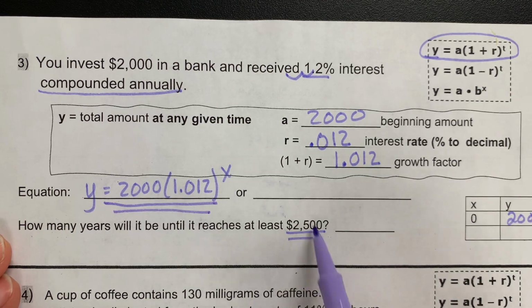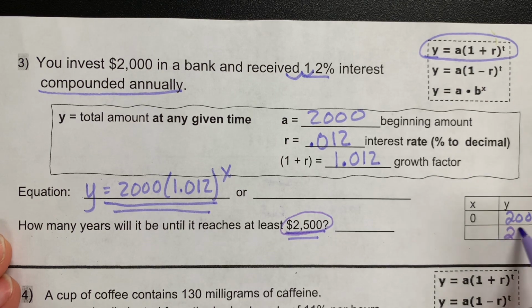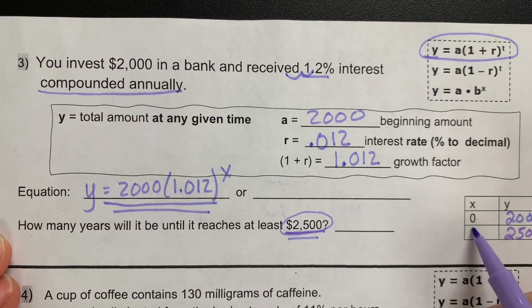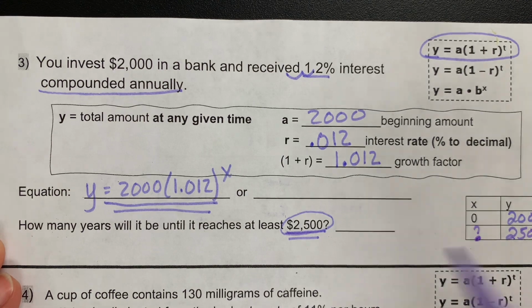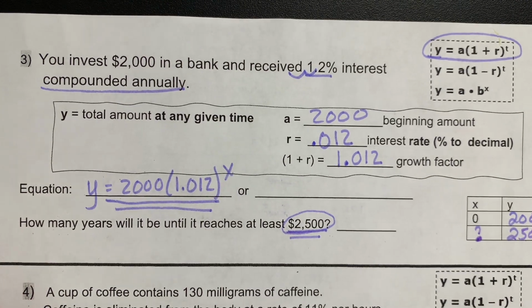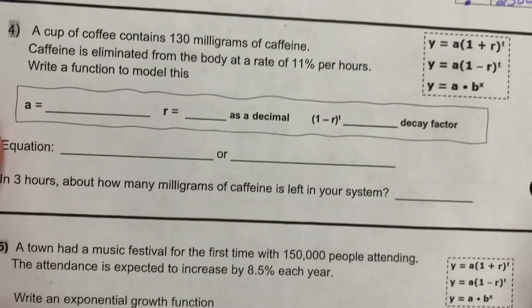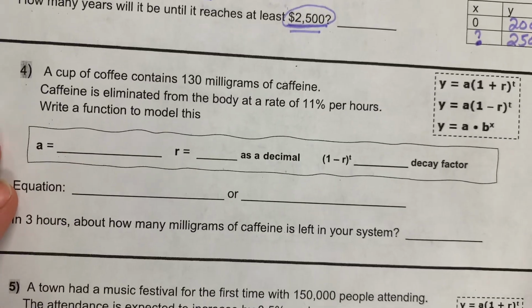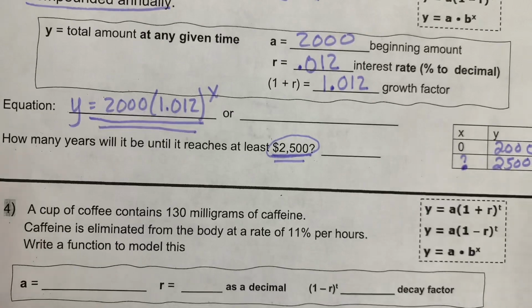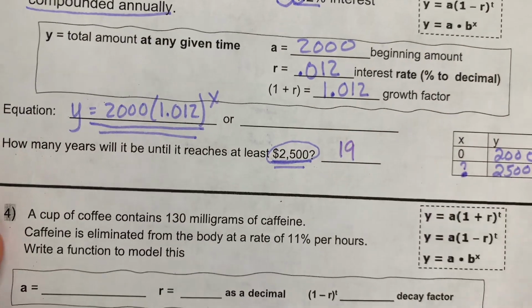And then we need to plug in some numbers until we get to this number right here. We need to get to 2,500. So what is this number here? So you're gonna find that for me. All right, and we get to 19.